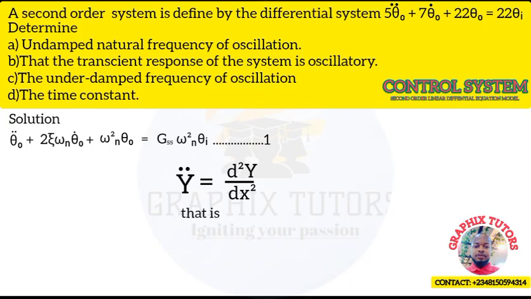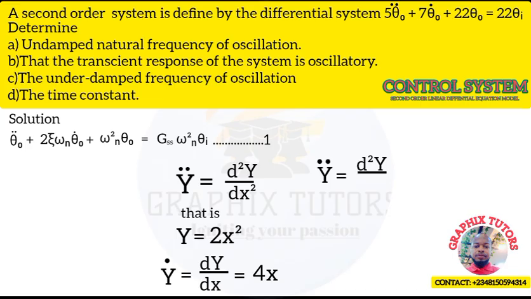So when I have my y equals 2x square, it will give me dy over dx of 2x square, meaning my derivative of 2x square will be 4x. If I now differentiate again, to now become d square y over dx square, that will give us 4. If you remember this from your calculus, your advanced calculus, this is what we have, right?